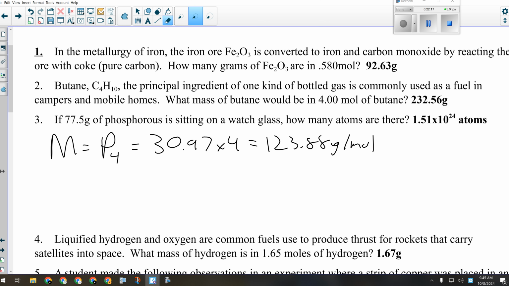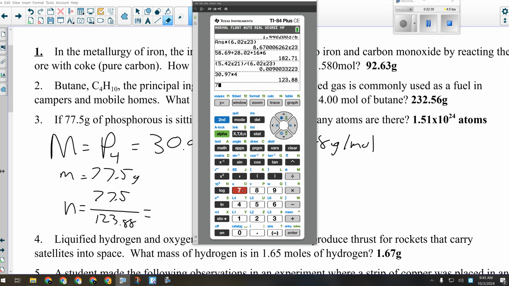Now I've got the mass as well, 77.5 grams, so I can calculate the number of moles, which will be 77.5 divided by 123.88. So the number of moles of phosphorus is 0.63.